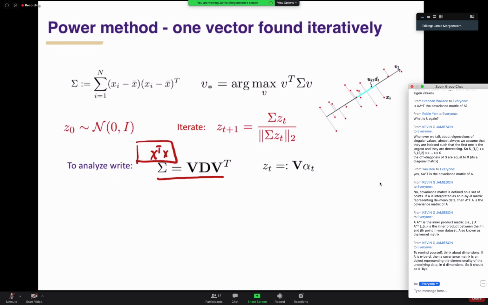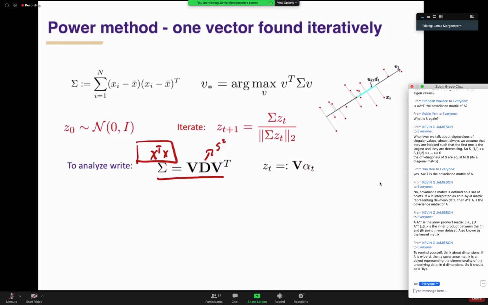And we showed before that when we represent our X as USV transpose, the covariance matrix can be written as V D V transpose, and this D is again S squared. Okay. So this is just a statement for analysis purposes. We don't actually want to compute the SVD of our original matrix X. But this is just a way to analyze what the power method is doing.